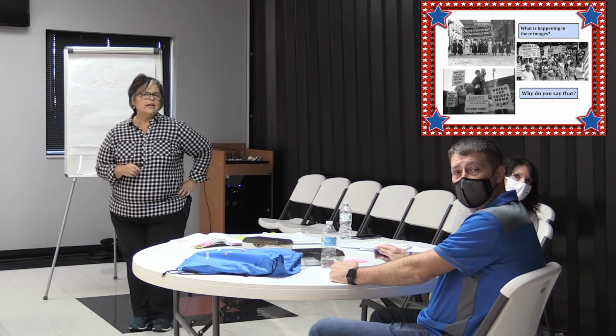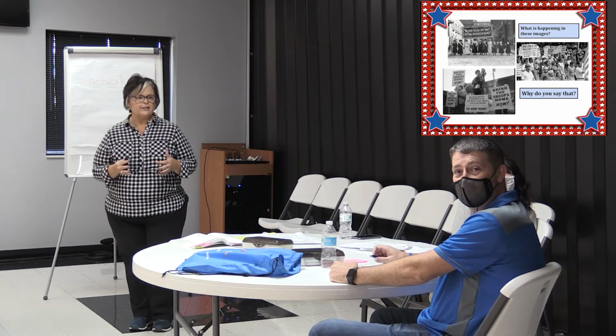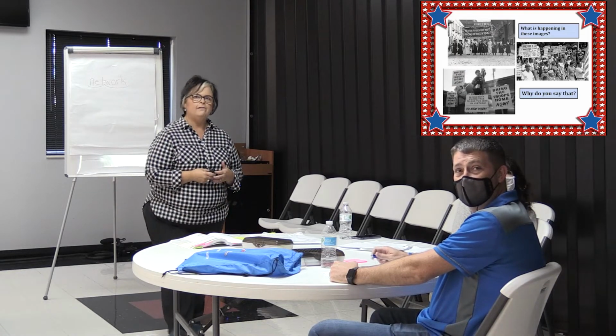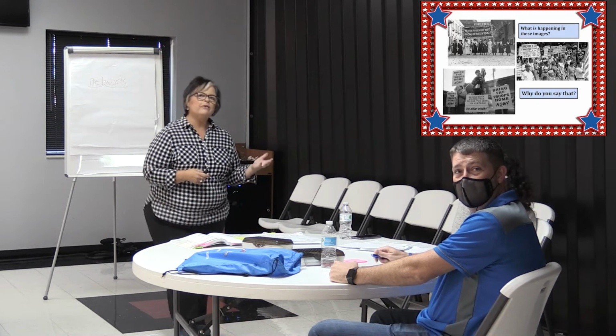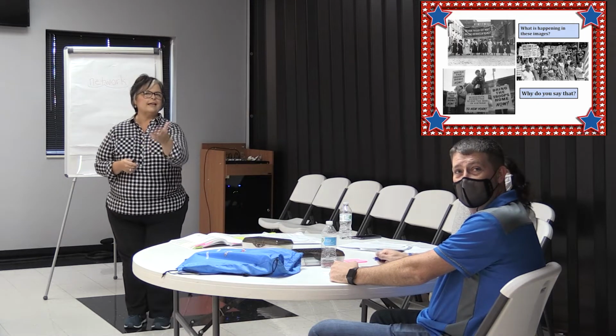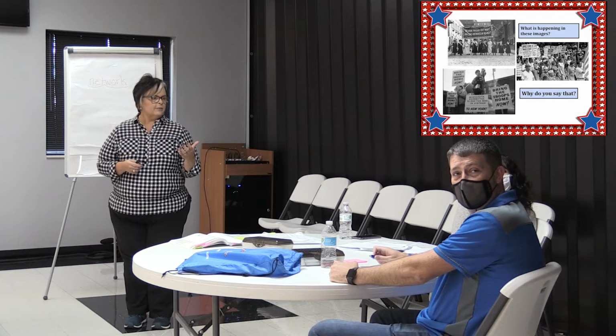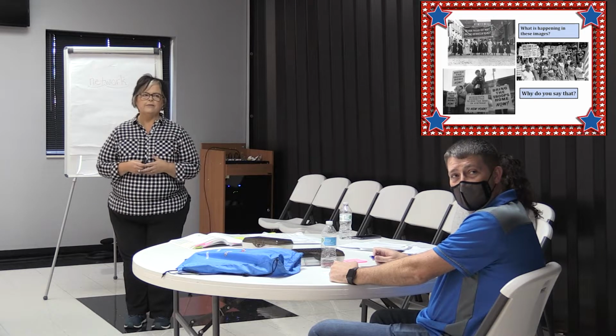Okay, so let me ask you this. When you look at these 3 pictures, besides what they have in common, what is the difference that you see? Is that all women at the top? That is all women, yes. So looking at that, what do you think that image is dealing with? Probably their right to vote. Their right to vote, absolutely.